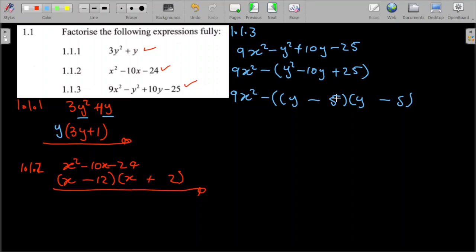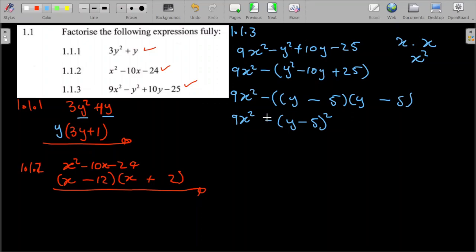Now this and this is exactly the same as saying y times y, which gives y squared. So if I keep this out, it's going to be 9x squared minus this thing, which is exactly the same as y minus 5 squared.